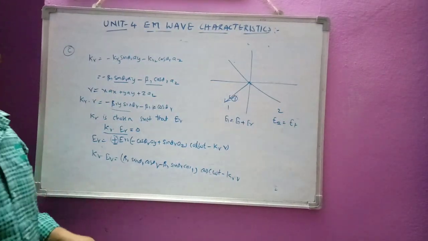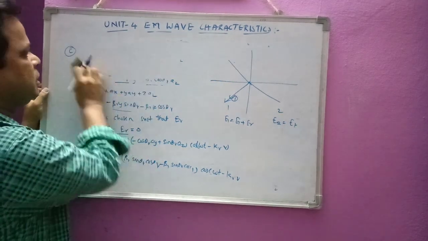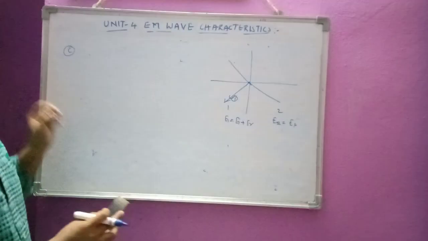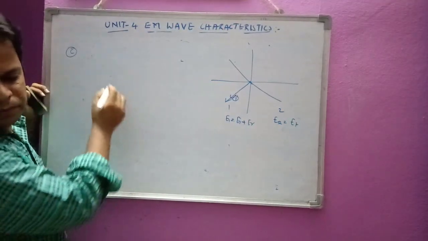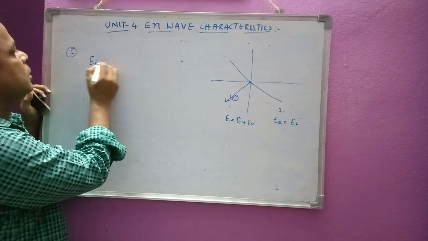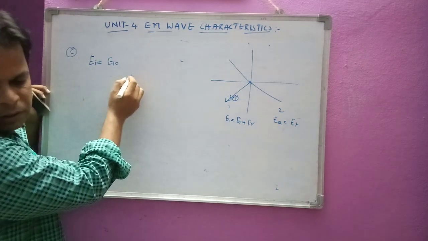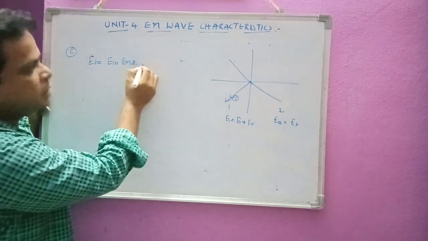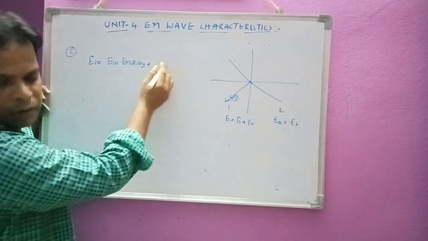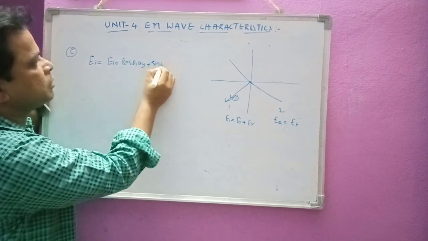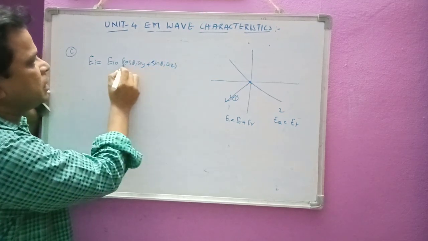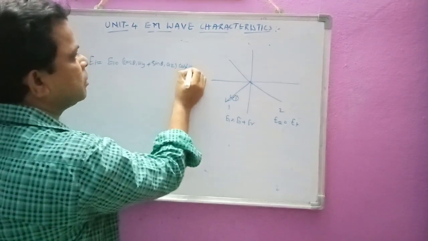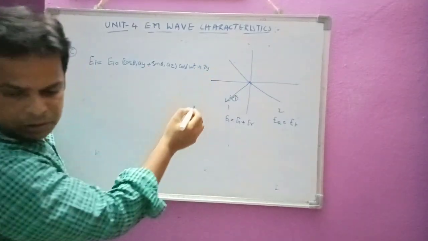Now it is evident that we have to write the incident electric field, that is Ei is equal to Ei0 cos theta I ay minus sin theta I az, as in the question, with the cosine and sine components, cos of omega t plus 2y minus 4z.